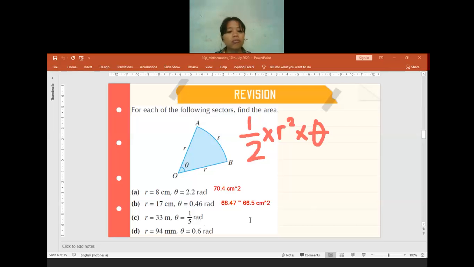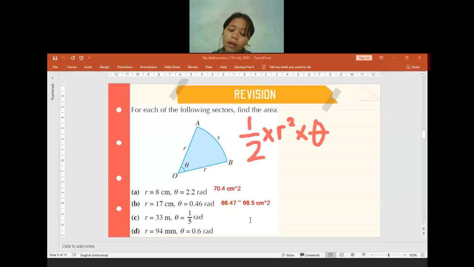You cannot mix and match. You have to pick the formula that matches the unit given.